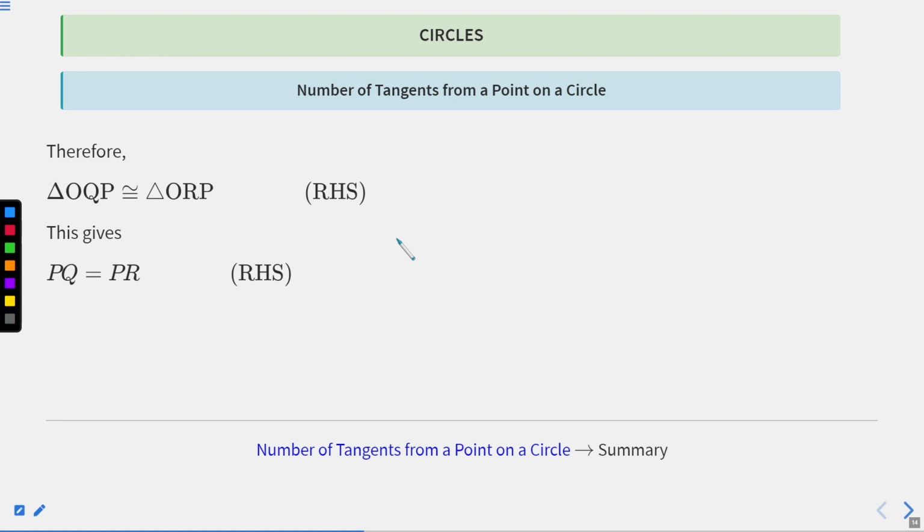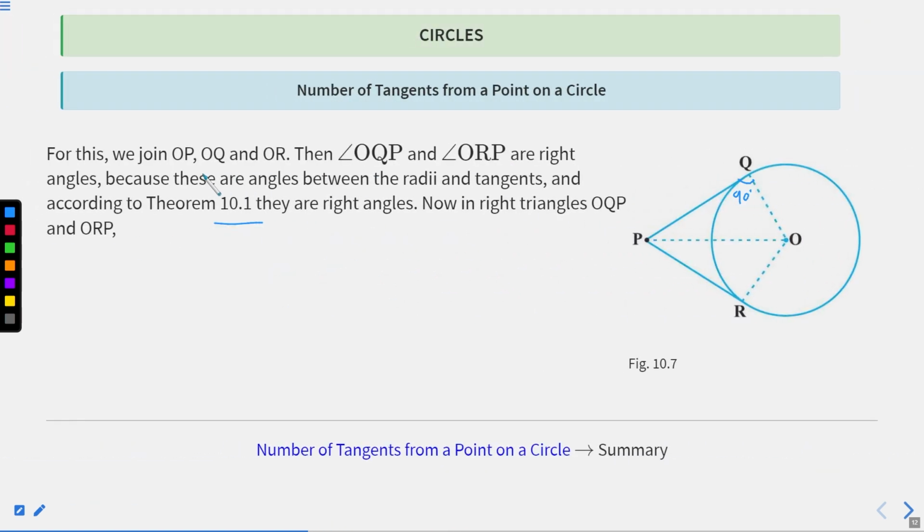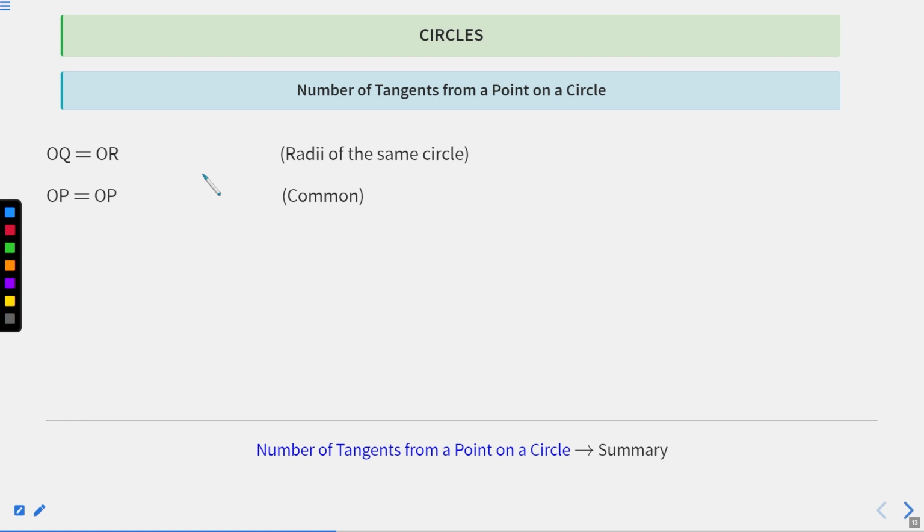You have studied in your class 9th about congruency of two triangles. Here two sides are equal and one angle is equal, that is, we can use the side angle side criterion for congruency.